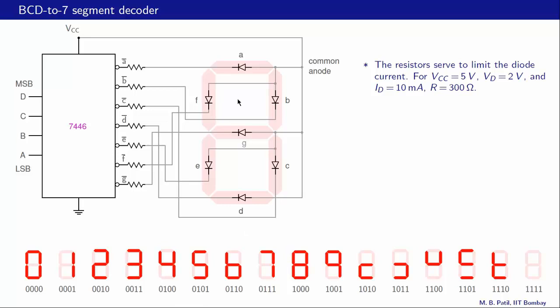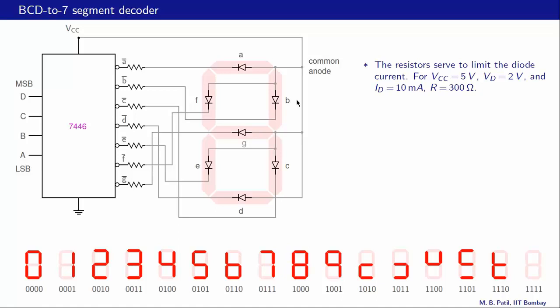And how can we make a specific segment light up? We need to turn on the corresponding LED. For example, if we want this segment to appear bright, then this LED must conduct. And when these LEDs conduct, the voltage drop across them is not 0.7 volts like we used to take for a silicon diode, but it is more than that.